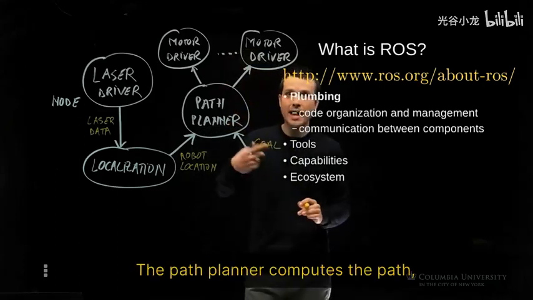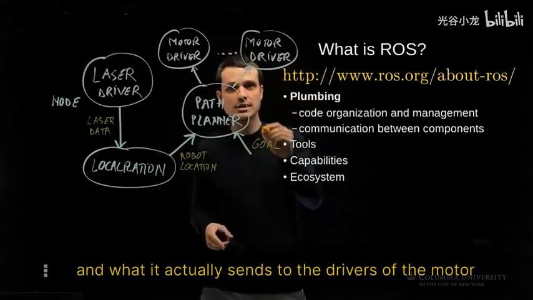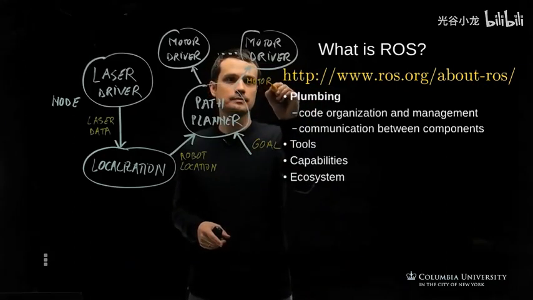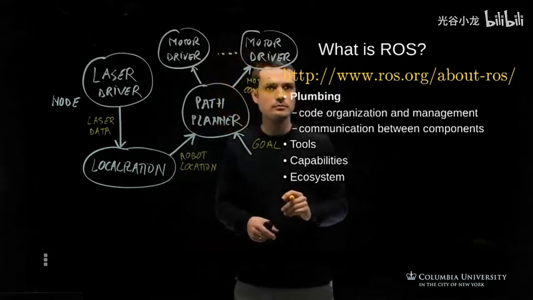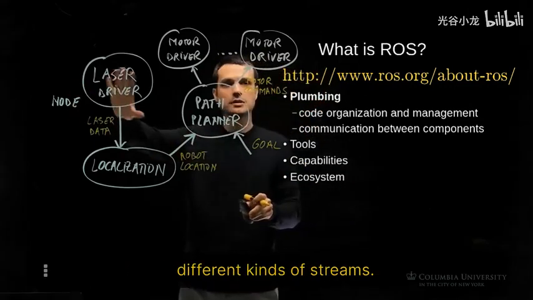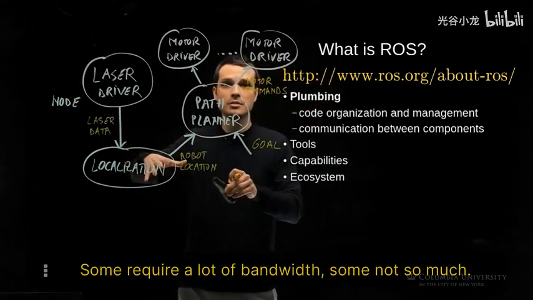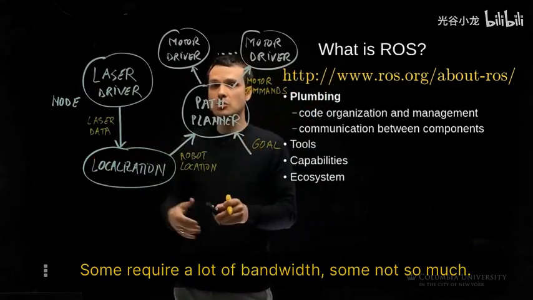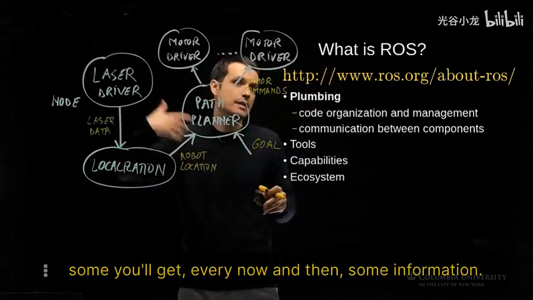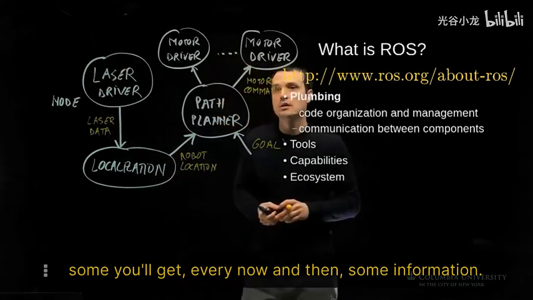The path planner computes the path, and what it actually sends to the motor drivers are motor commands. So all of these are different data types, different kinds of streams. Some require a lot of bandwidth, some not so much. Some have a lot of data flowing, while others you'll get some information every now and then, right?